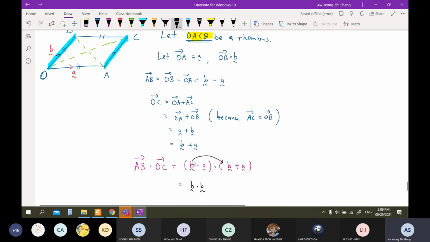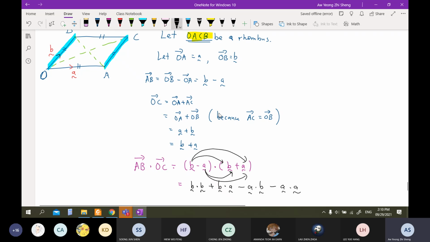Then B dot with A. Then next, negative A dot with B. Negative A dot with A. So it works in a way that is similar to the usual multiplication. The only difference is that you have to write a dot in between for every term.